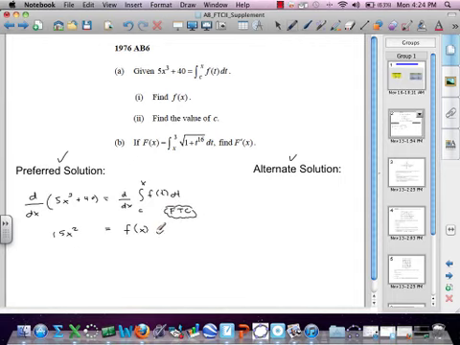So we have f, and now we want to solve for c, so we're going to go back to that original equation and plug in f since we now know the value of f. So 5x cubed plus 40 is equal to the integral from c to x of f of t dt, and f of x is 15x squared, so f of t will be 15t squared dt.